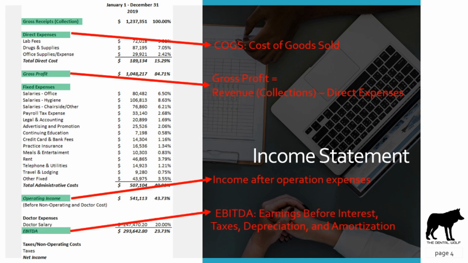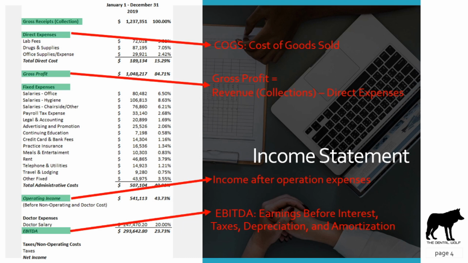EBITDA is just a really fancy way of saying earnings before interest, taxes, depreciation, and amortization. A lot of fancy words there, and we can dive into what those actually mean later. But what you need to know about EBITDA is that this number is going to be how you primarily value practices. This is stating, after all is said and done, how much are you making as an owner?